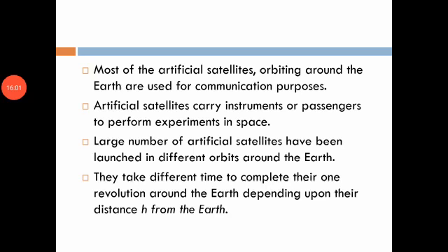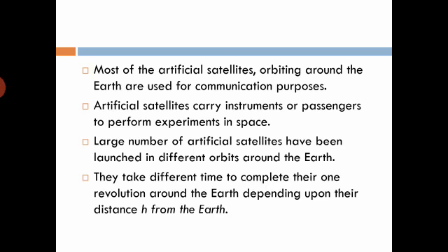Some satellites have the tendency to move in one orbit, but every satellite has its own speed. They take different times to complete one revolution around the Earth depending upon their distance from the Earth.